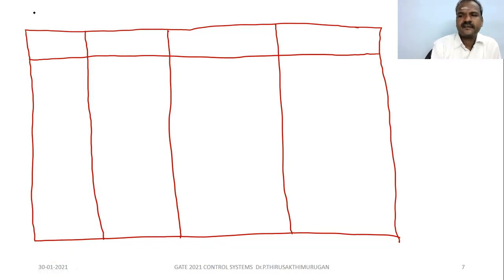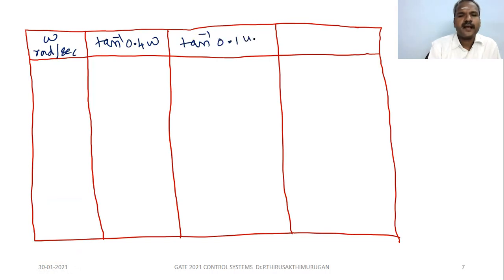So what is omega? For various omega in radian per second. This is the first factor, tan inverse of 0.4 omega in degrees. Then tan inverse of 0.1 omega, also in degrees. So these two are in degrees.